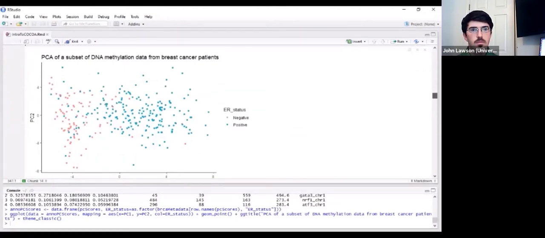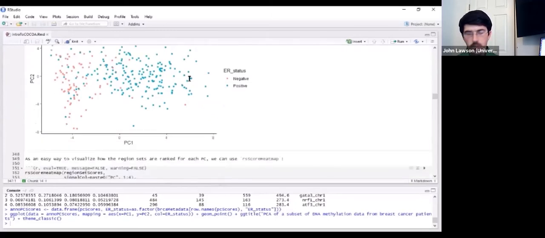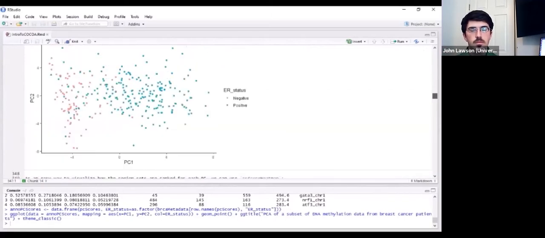So this information wasn't used by COCO, but if we plot it here on our PCA plot, we can see that the first principal component is separating ER positive from ER negative patients. And so that's why we get such a high correlation in the ER binding regions between the PC scores and the DNA methylation.